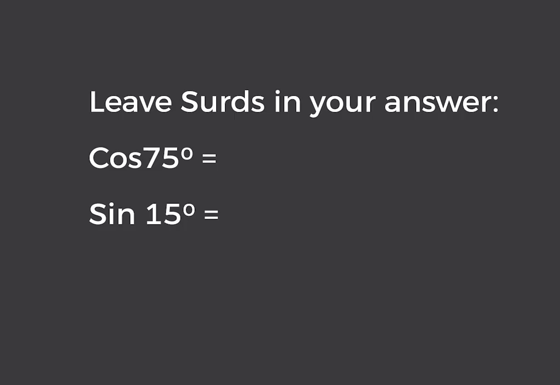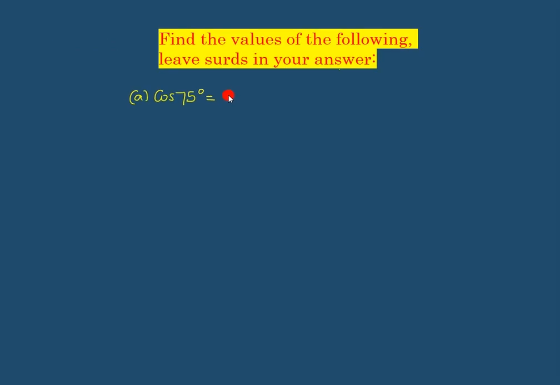Someone may ask, how do we find the value of the cosine of 75, and we have thirds remaining in our answer? Some time back we talked about the compound angle formula, and we are going to use it here. So we know that 75 can be written as 45 plus 30.